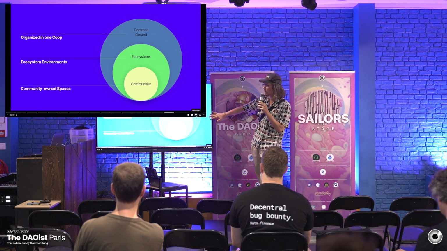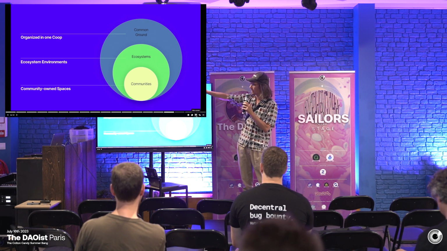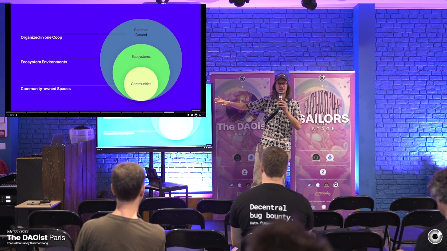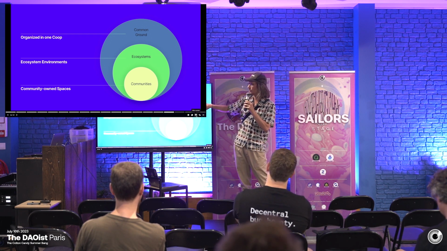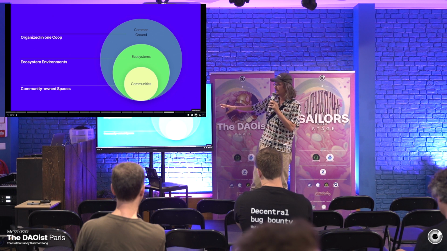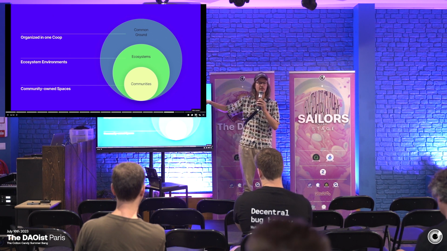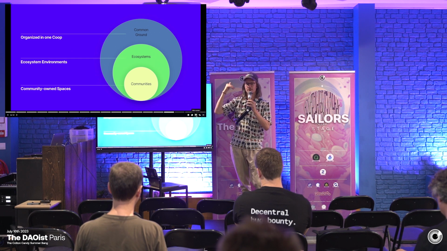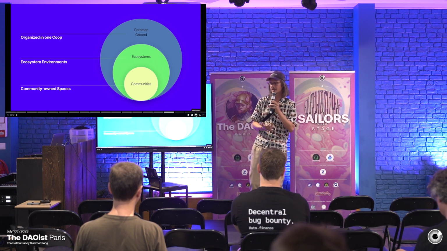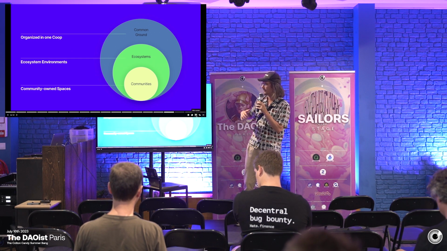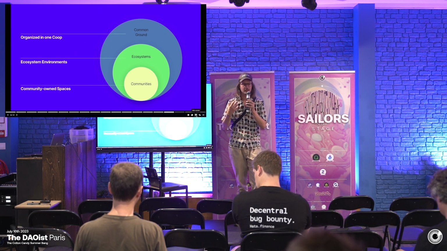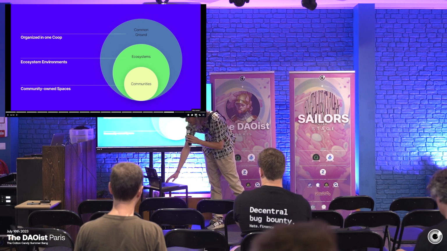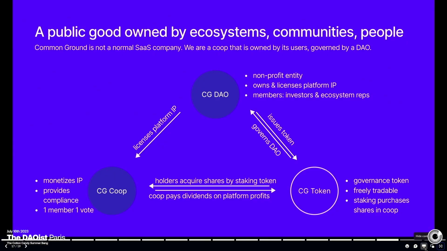So the idea of what it could look like is that you have Commonground as this sort of huge, actually cooperatively organized platform, I will talk about this in a moment, that houses ecosystems, and within these ecosystems there are many communities which can be part of multiple ecosystems or just one ecosystem, and it's just a really discoverable, easy to understand place to get started and to collaborate with others.